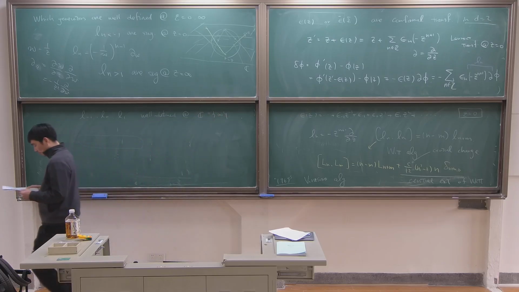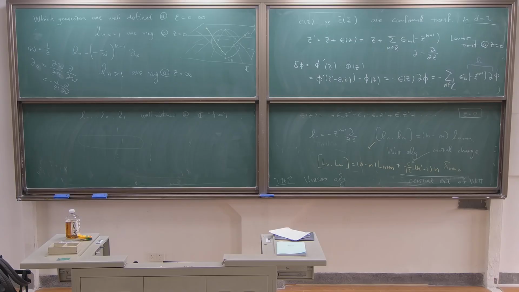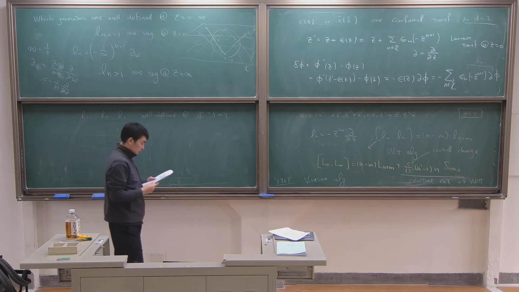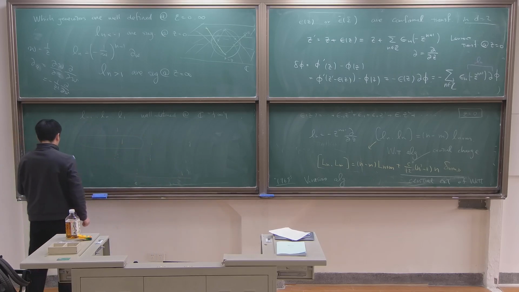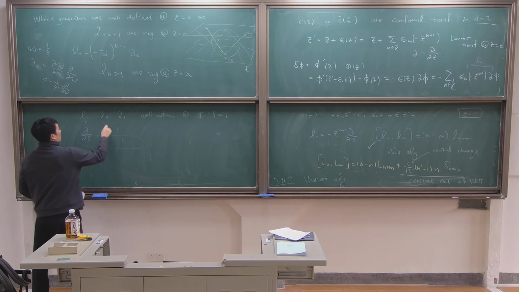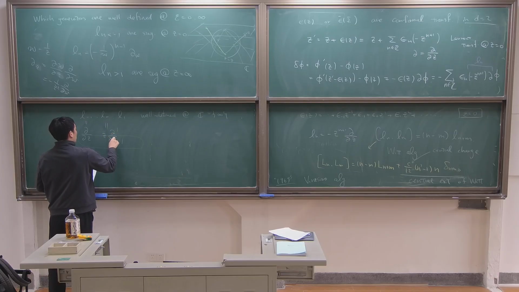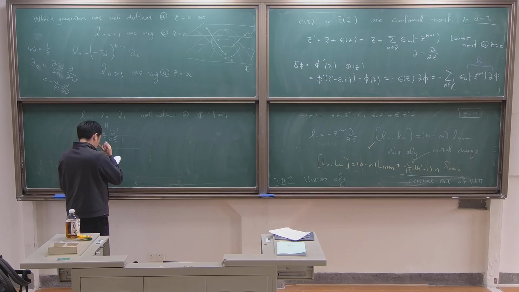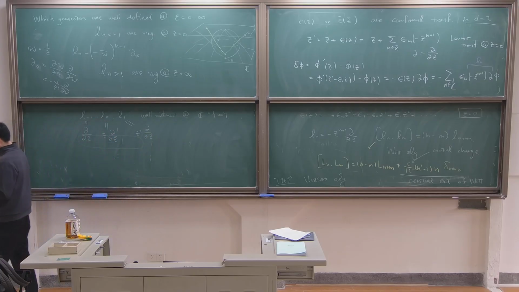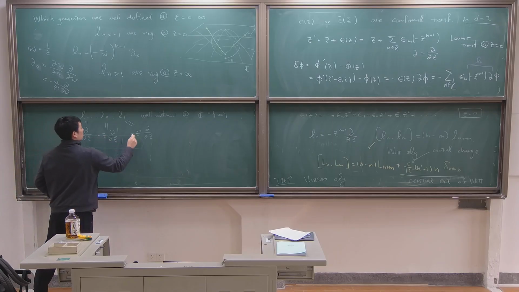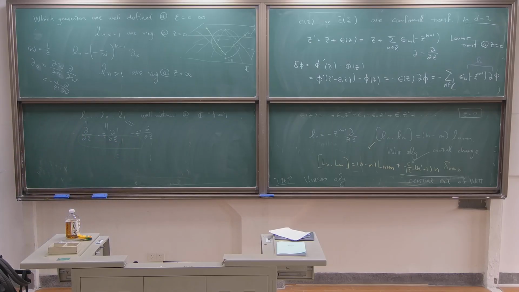So L_-1 is just del z, L_0 is z del z, and L_1 is z squared del z. And there must be a negative sign in each of them. And you can consider the corresponding anti-holomorphic part of this.